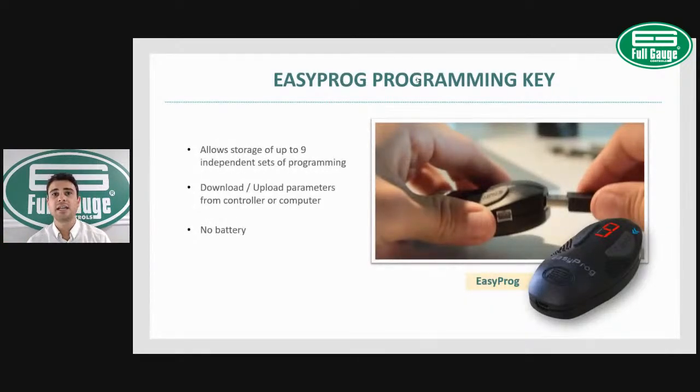By having these 9 independent setting options, you can have one defrost recipe for your weekdays, one recipe for your electric defrost, one recipe for when you have the hot gas defrost, and one recipe for real-time clock defrost or adaptive on-demand defrost. All these features can be preloaded to your EasyProg for easy and quick programming.